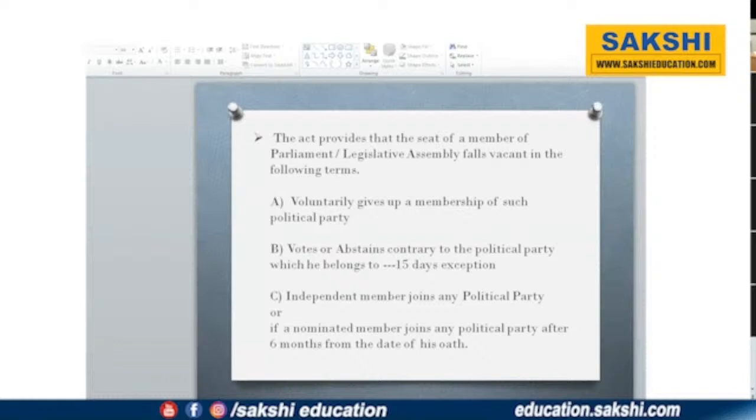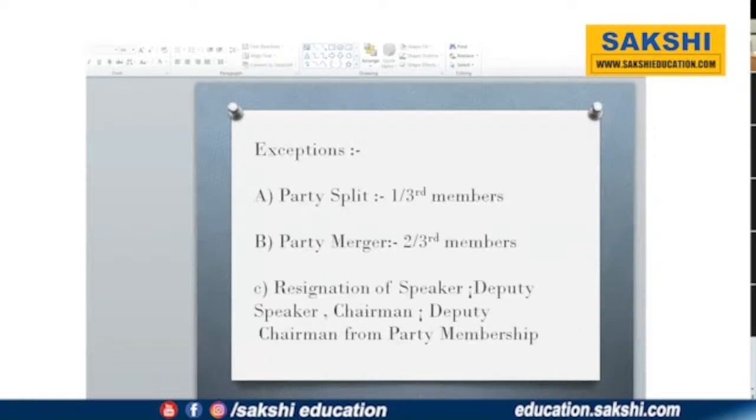Now the question is that there are a few exceptions to this. This is where most of the political parties have been facing problems after the anti-defection law was passed in the country.